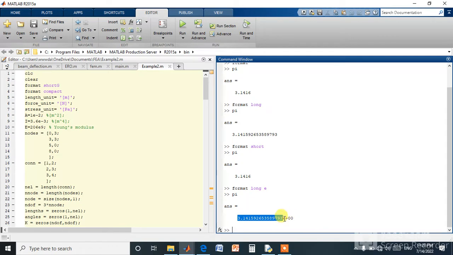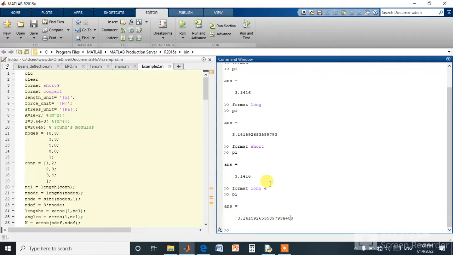That means this E means times 10 raised to power. This plus 00 means power of 0. 0 is neither positive nor negative. So power 0. That's the meaning of that.